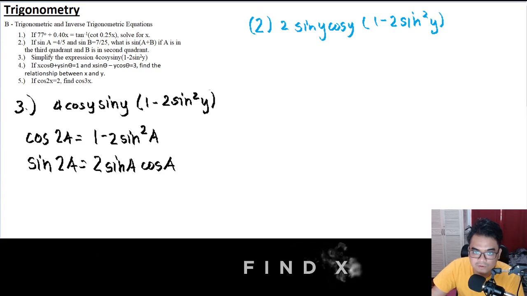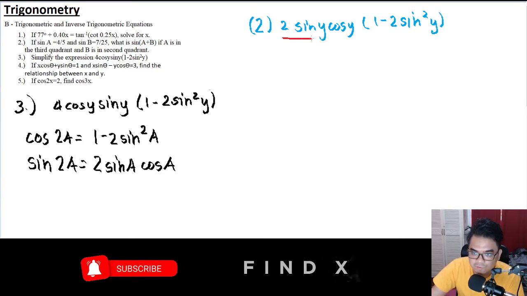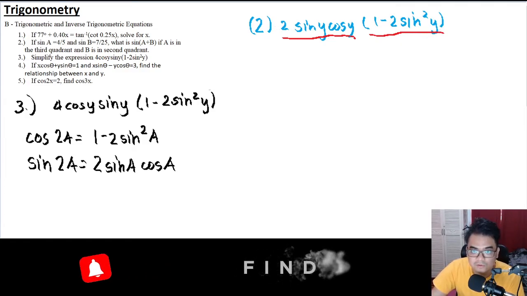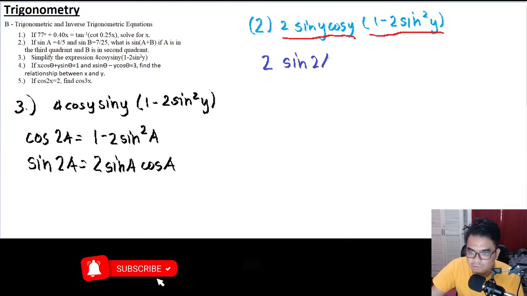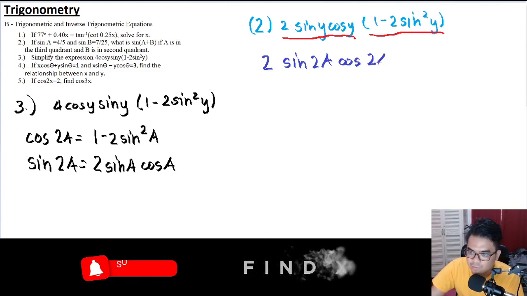Okay, so as you can see, this part will just be sine 2a and this part will just be cosine 2a. Okay, so let's substitute the values. You'll have here 2, so this will become sine 2a, and then this one will become cosine 2a.